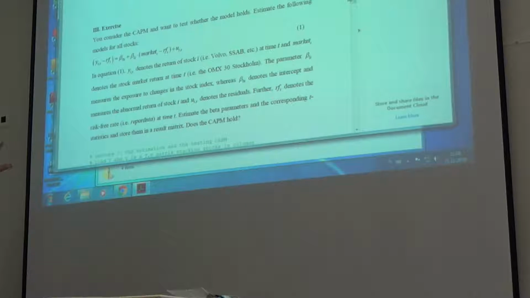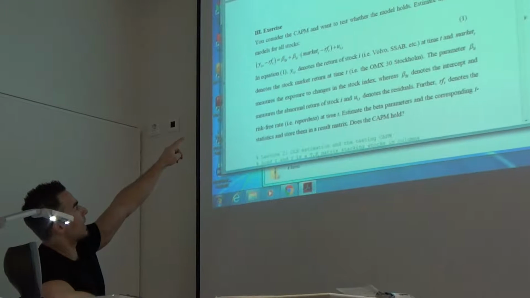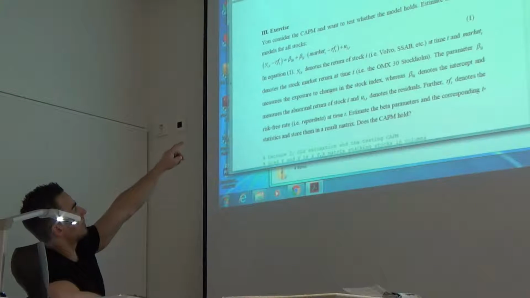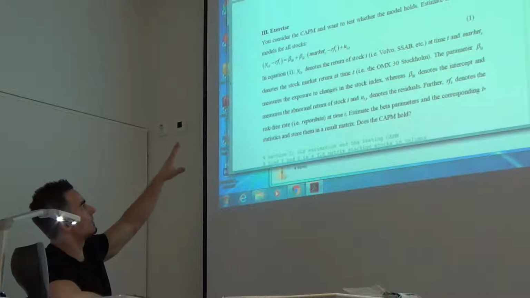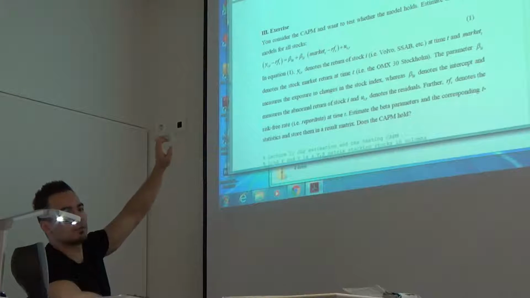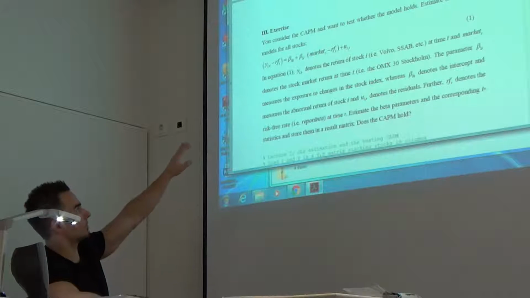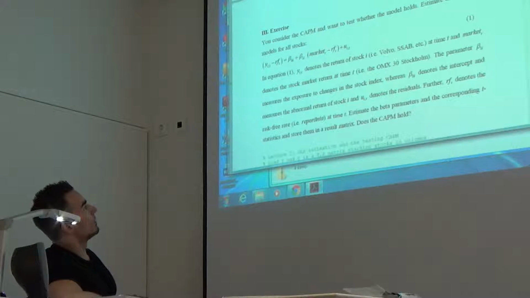So on the left-hand side of the equation we have the excess returns of stock i, which is equal to beta 0, our alpha, the intercept, plus beta 1 of stock i, which is the sensitivity against the market factor, times the market factor minus RF, which in parentheses on the right-hand side is the excess return of the market factor, plus u, the error term of stock i at time t.